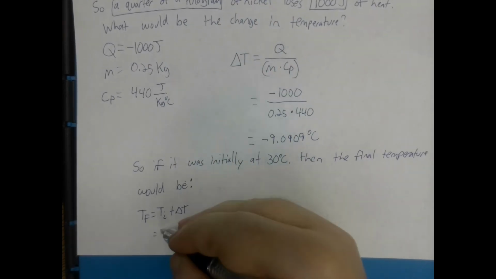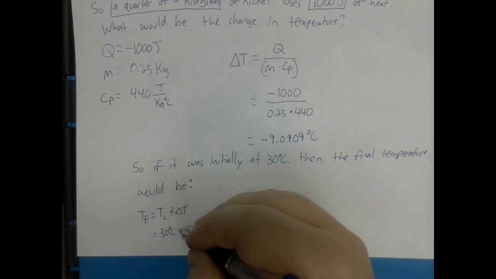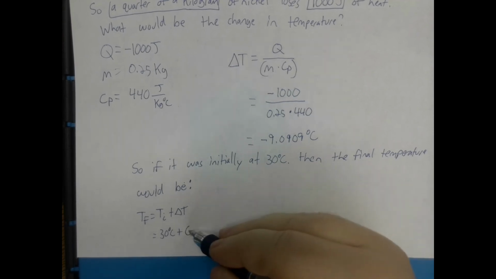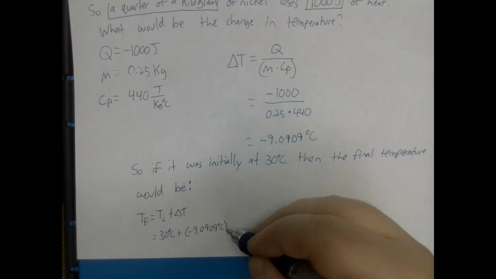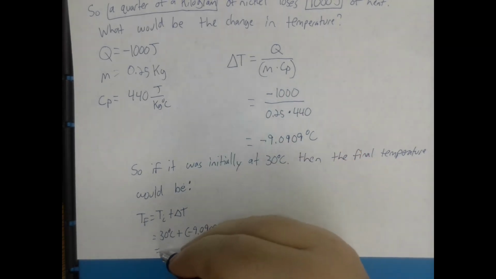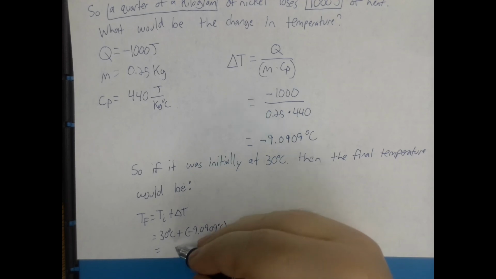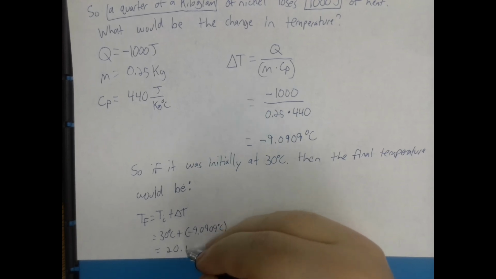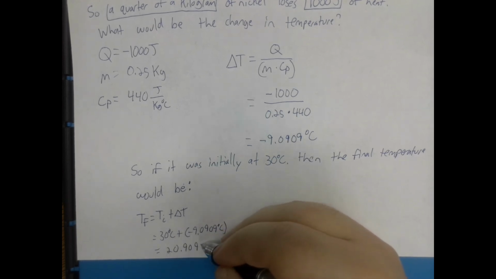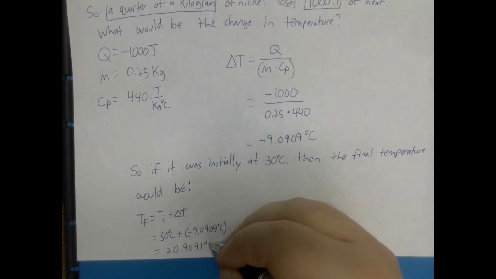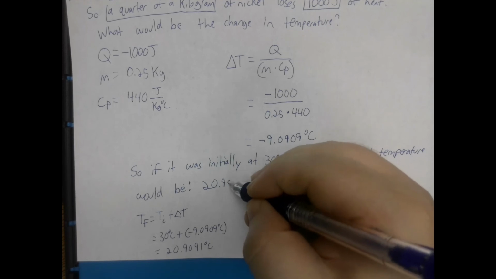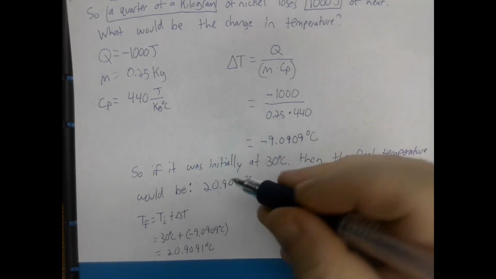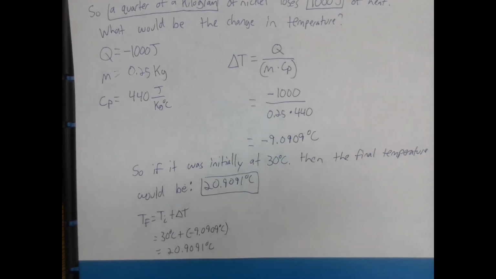So our initial temperature will be 30 degrees Celsius plus a negative 9.0909 degrees Celsius. And we get a value of 20.9091 degrees Celsius. So the final temperature would be this.